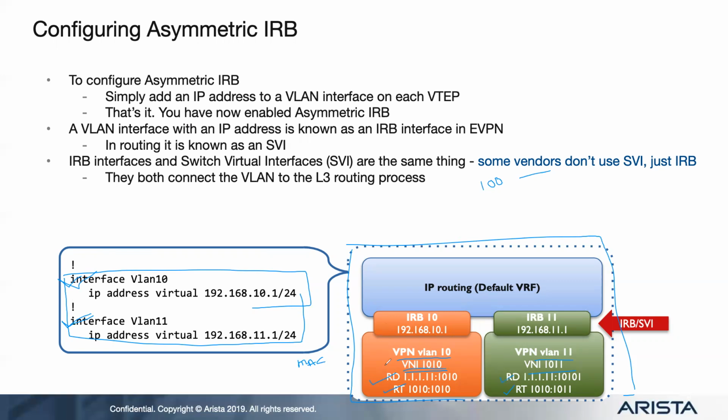MAC-VRF for VLAN 1, 2, 3 to 100. If you are using VLAN aware, then you can combine multiple VLANs with same RD RT, right? So that option is there, but basically you need to configure all this, right? Is it clear? Any question?